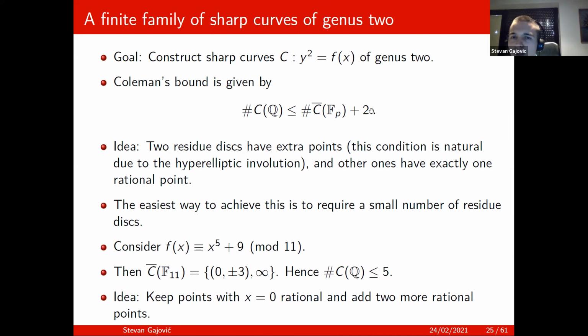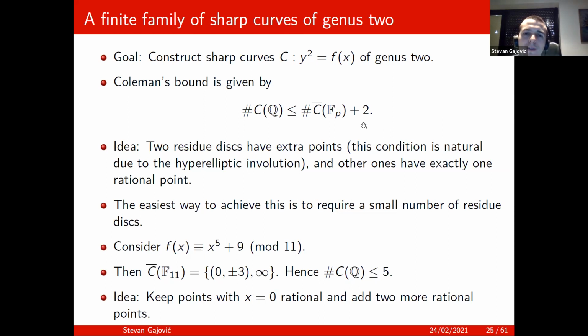And since we specified g equals 2, the bound is pretty clear. The idea is that if two residue disks have 2 points and all the others have 1 point, for example, then this bound will be satisfied.